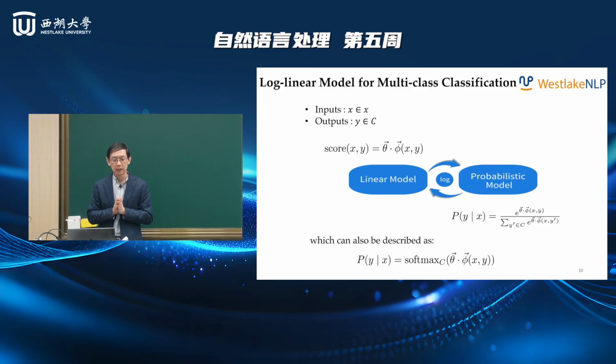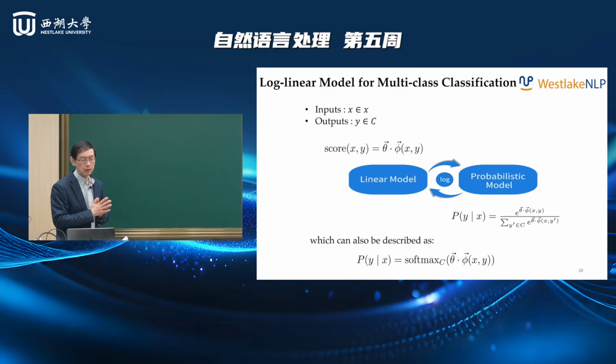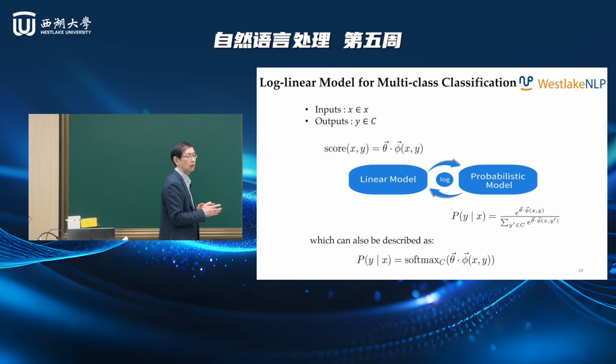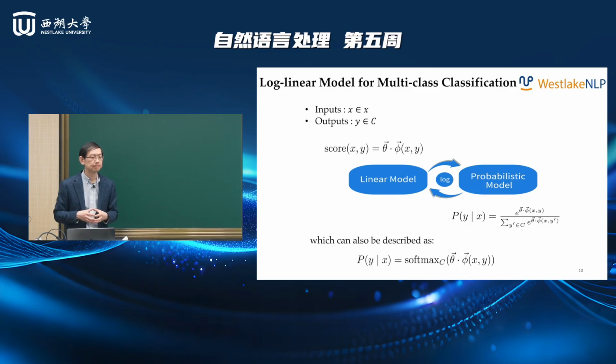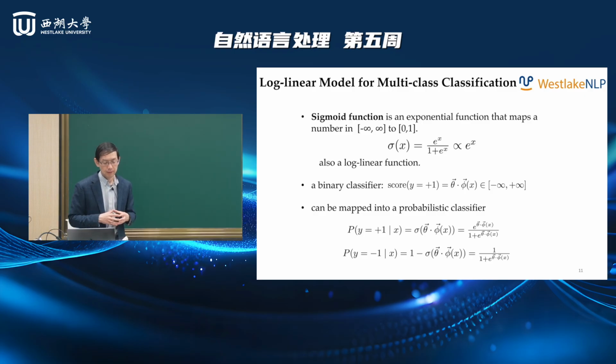But for binary classification, when we discussed it last week, we said you could do this, but you could do something simpler by extracting a feature representation of the input only, phi x. So how do we turn a score of phi x into something between 0 and 1?